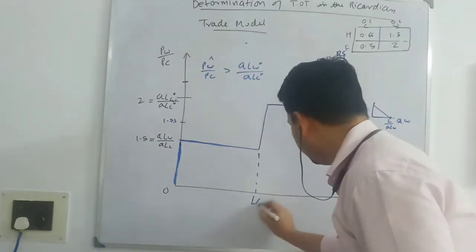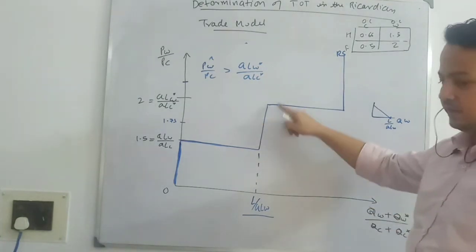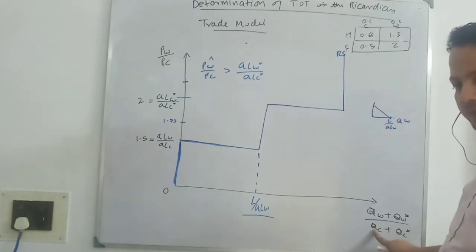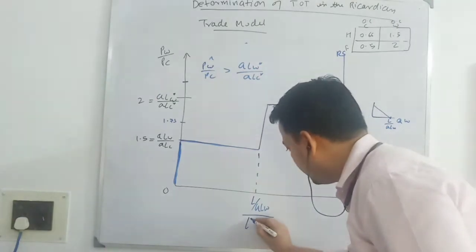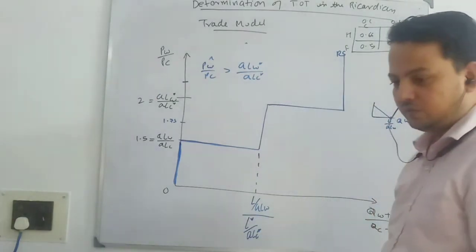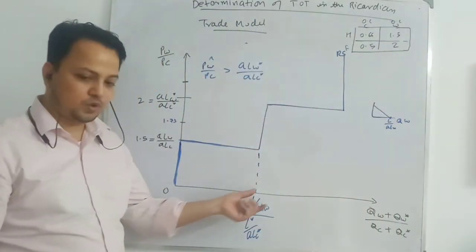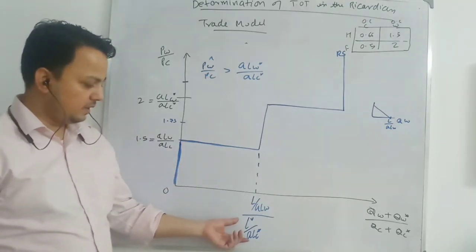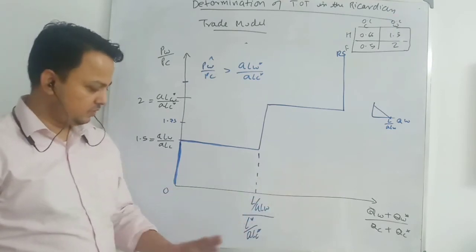In this section foreign will specialize in the production of cheese, so QC will be 0 and QC star will be L star over aLC star. So home will devote its entire resources to produce the entire wine. In our example it is 400, and L star over aLC, if you work it out, will come out to be, if I remember, 700.